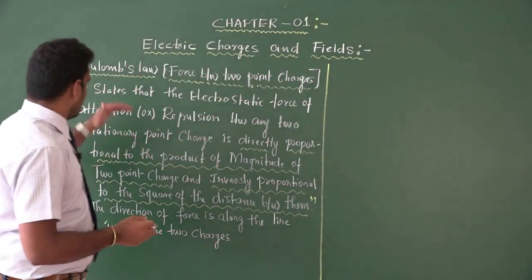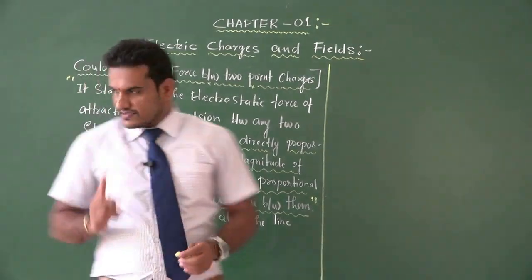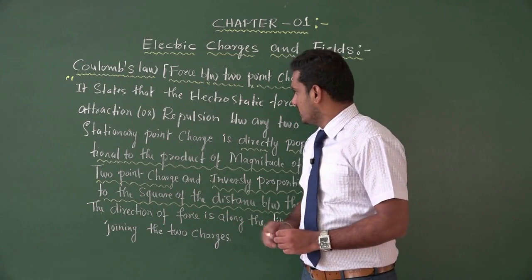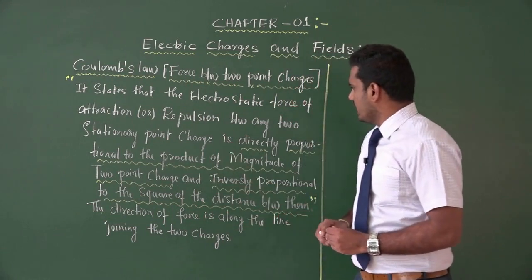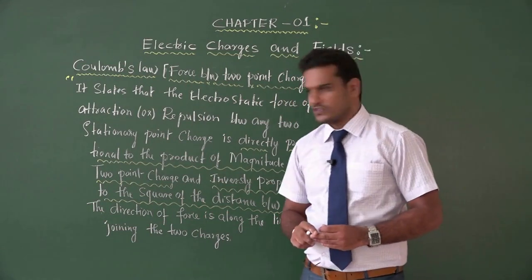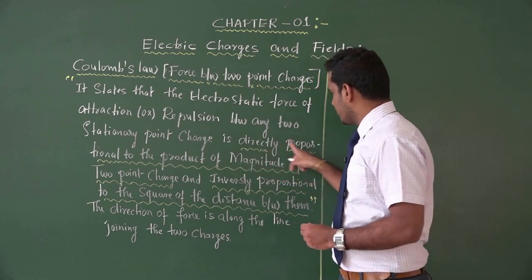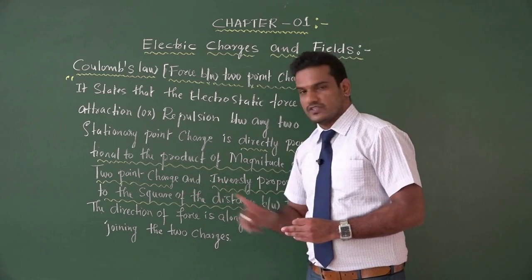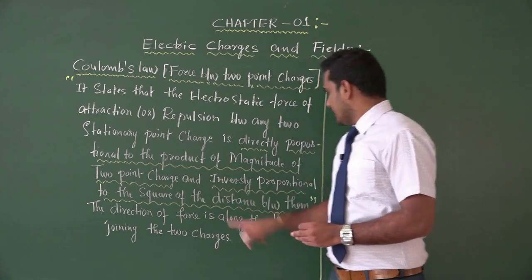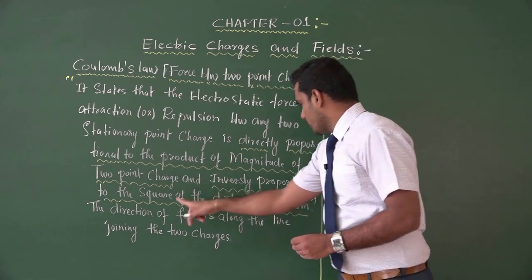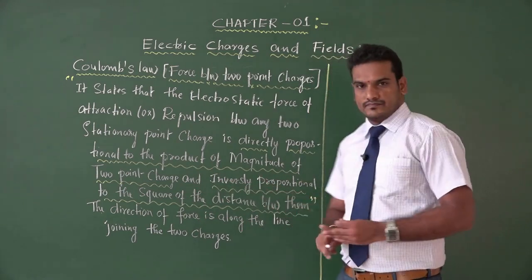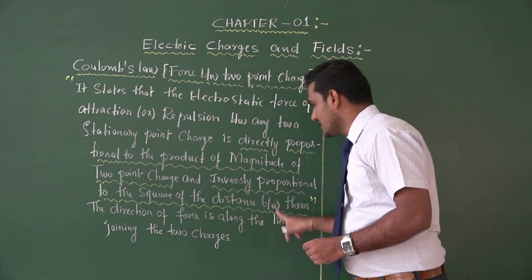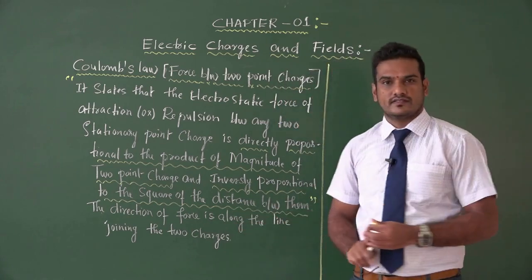Look at the statement: the electrostatic force of attraction or repulsion between any 2 stationary point charges is directly proportional to the product of the magnitudes of the 2 point charges and inversely proportional to the square of the distance between them. The direction of force is along the line joining the 2 charges.